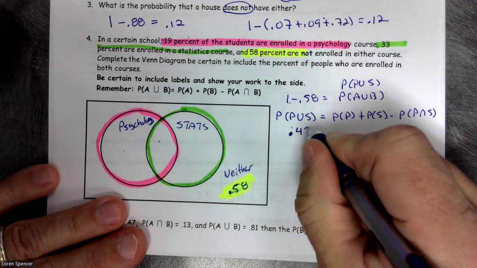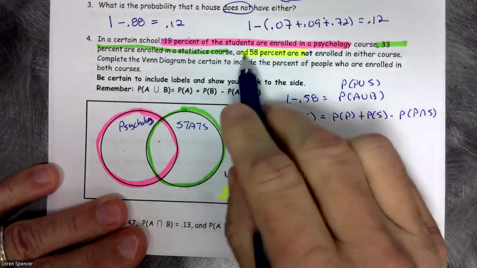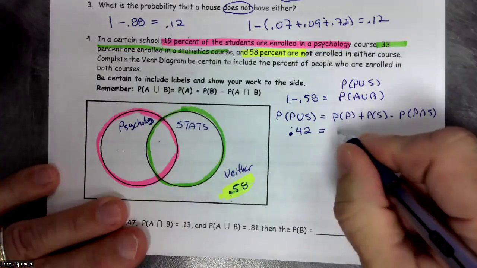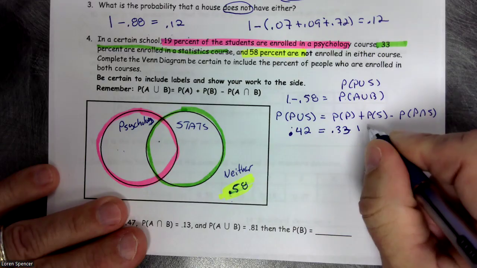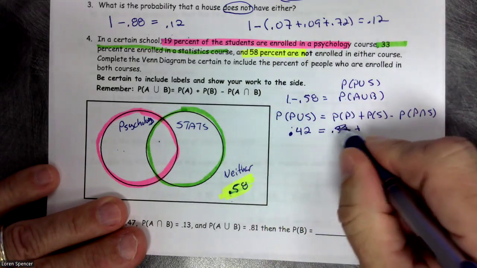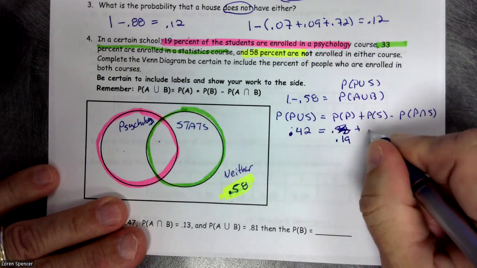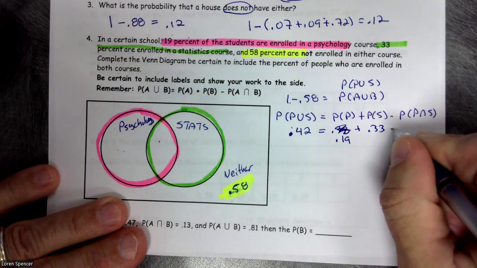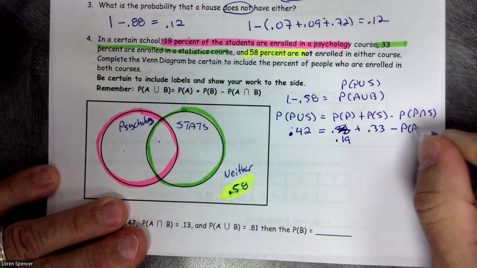The probability of stats is 0.33, minus, we don't know what the intersection is, the probability of psych and stats. So we know that's the stats, we know this is psychology, and we said this was the neither.